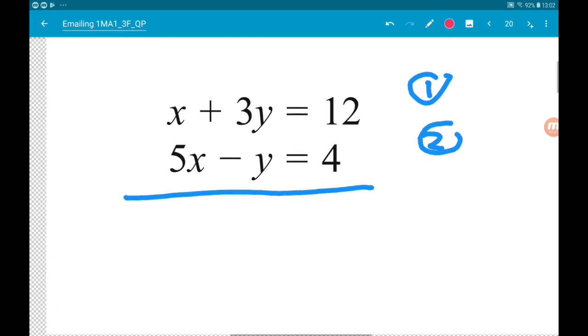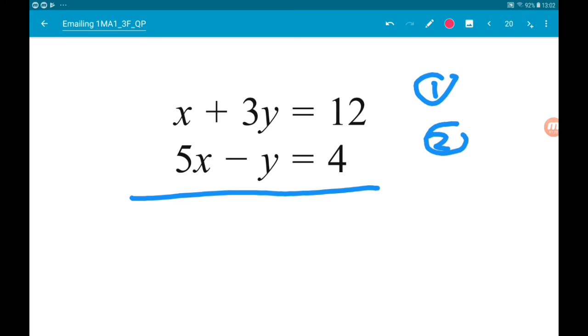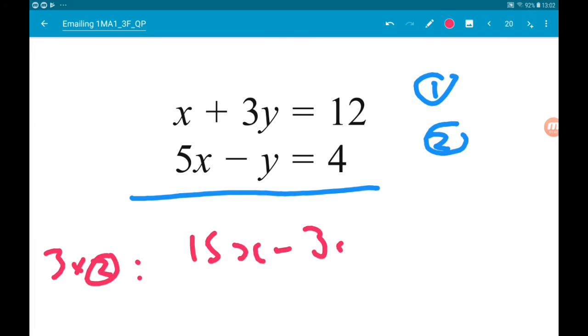So I'm going to turn minus y into minus 3y. I'm going to do that by multiplying equation 2 by 3. So that's going to give me 15x minus 3y is equal to 12.